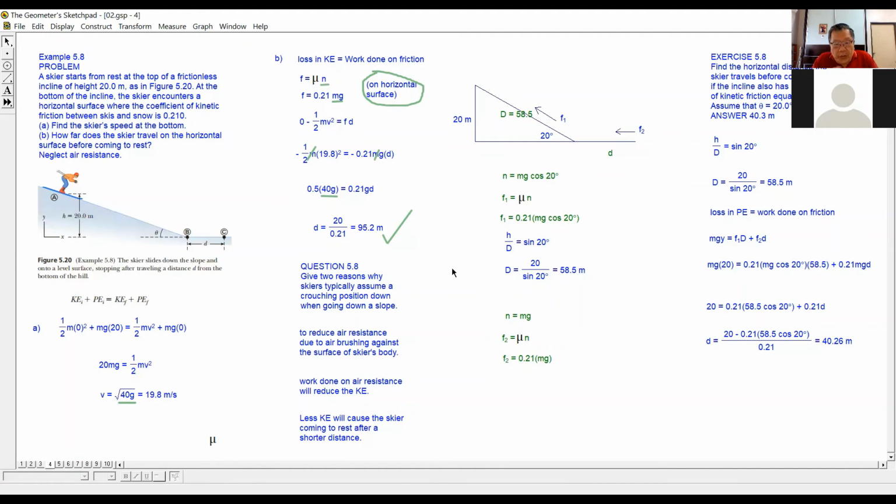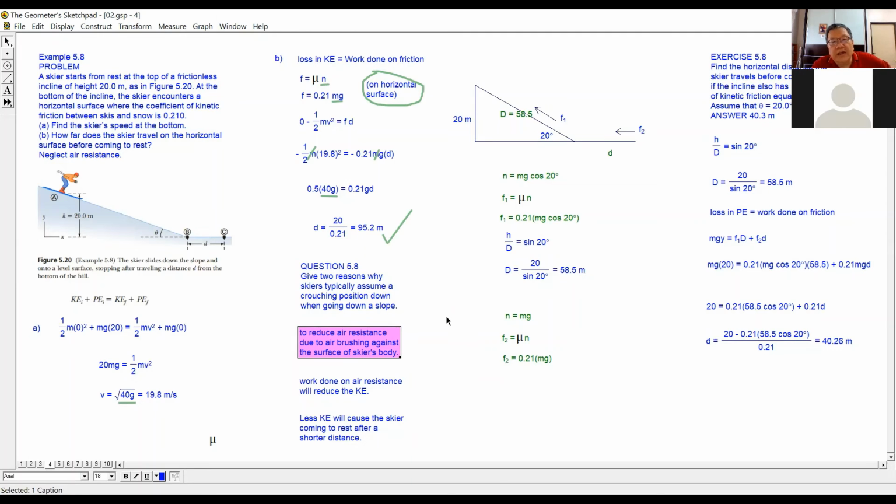When you pull yourself together, you reduce the surface of the body exposed to air. If you stretch out, there will be more air resistance. If you bend down, smaller surface, there will be less air resistance. So the answer is to reduce the air resistance due to air brushing against the skier's body.